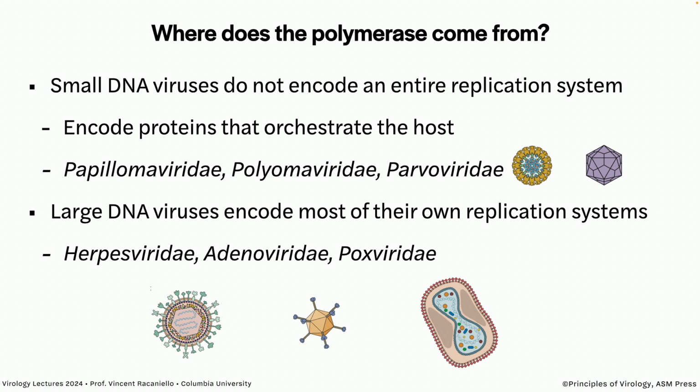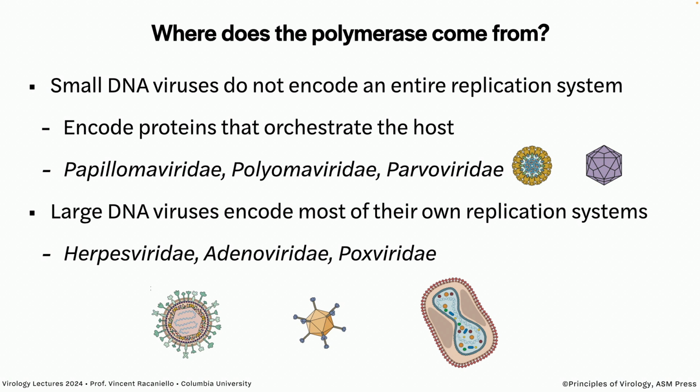That means they direct the host to copy their genomes, because it's hard to be recognized if a small DNA genome goes into a big cell nucleus with lots of nuclear DNA. How do you get the attention of the DNA replication system of the cell? So that's what orchestrate means. And these include papillomaviruses, polyomaviruses, and parvoviruses. We'll talk about those today.